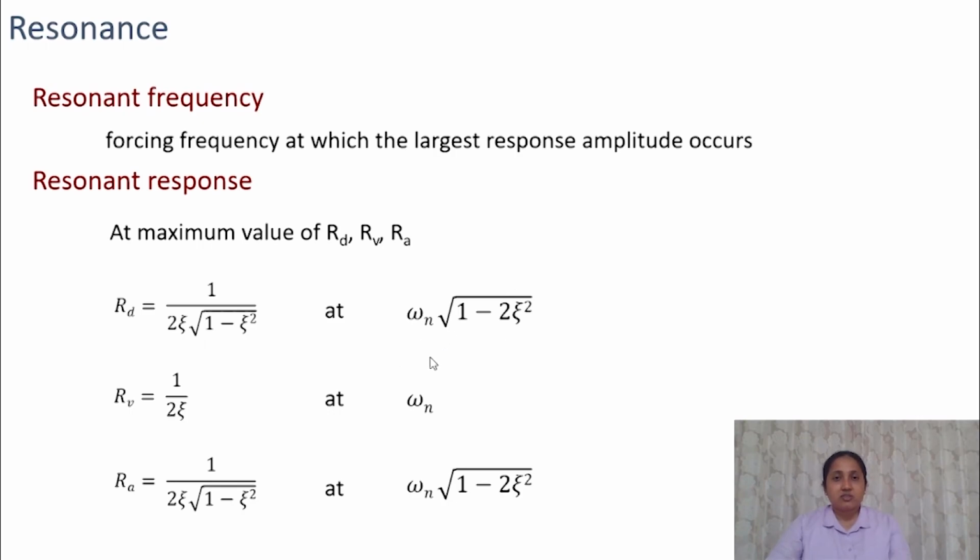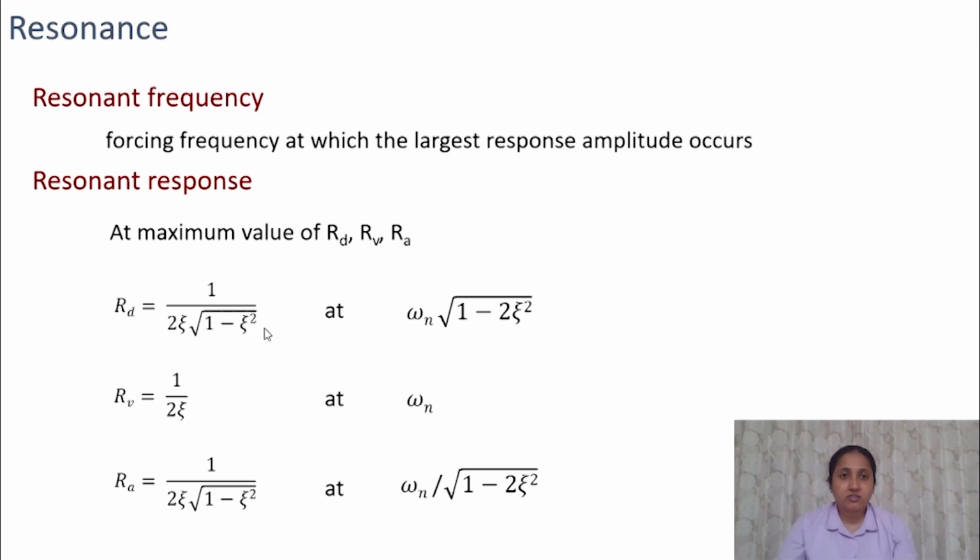So the resonant frequency for the displacement response is omega n multiplied by square root of 1 minus 2 zeta square. And for velocity response, the maximum response factor is 1 by 2 zeta, and this happens when the forcing frequency is equal to the natural frequency.